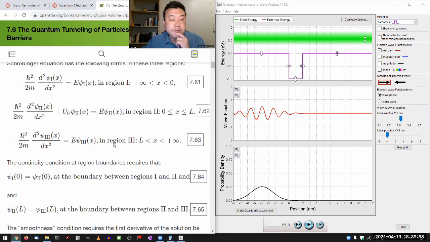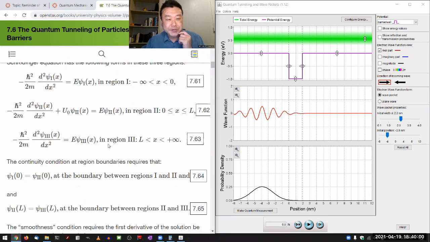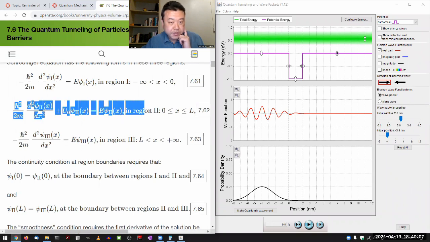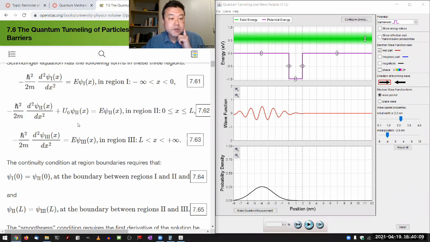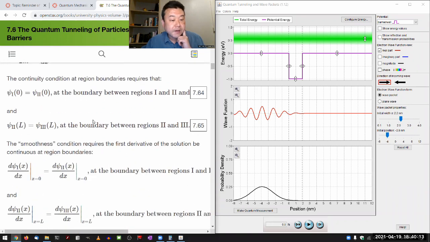It's something that you will note in some of your homework questions and in lecture. It has to do with the fact that the form of the solution in this region really depends on what the difference between the potential and the energy is.